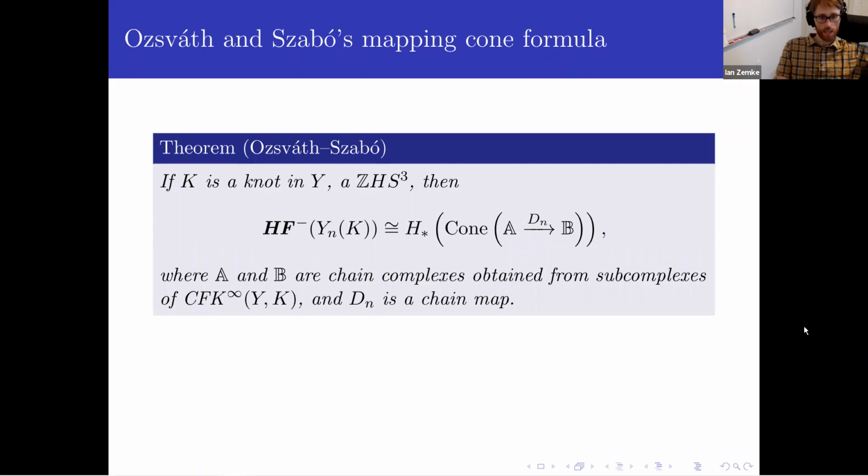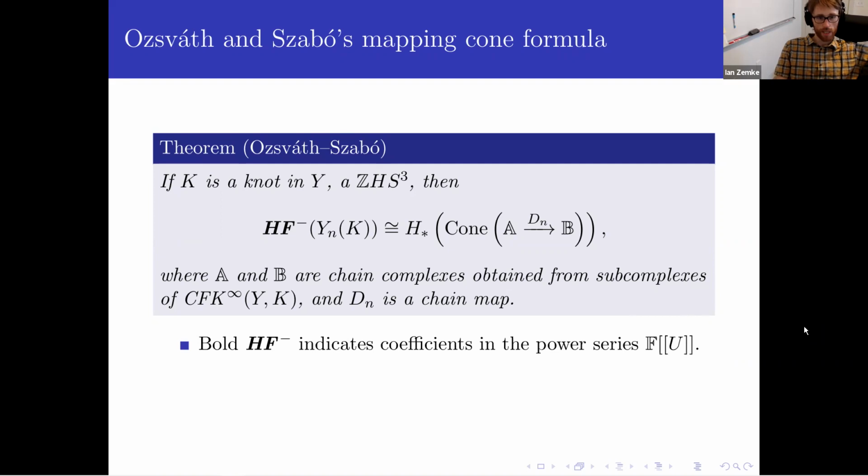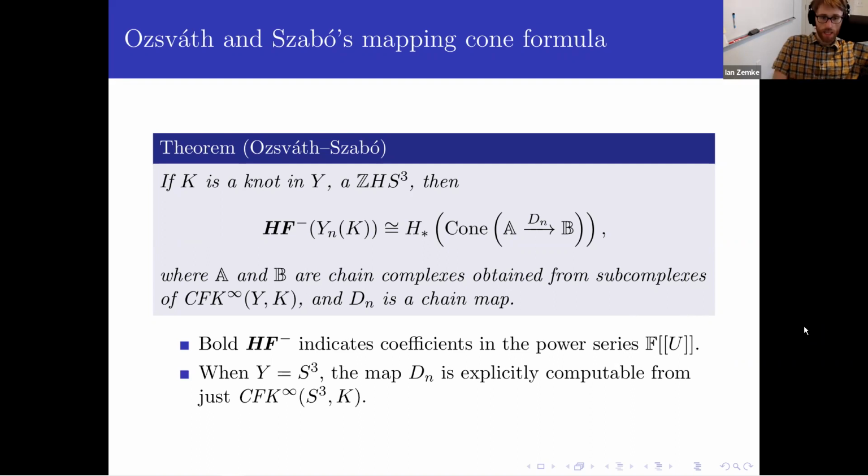Here are some technical details, if you care. The algebra gets subtle for various reasons, and here we're working with coefficients in the power series ring instead of just F[U]. There are some subtle technicalities that are not conceptually that important.